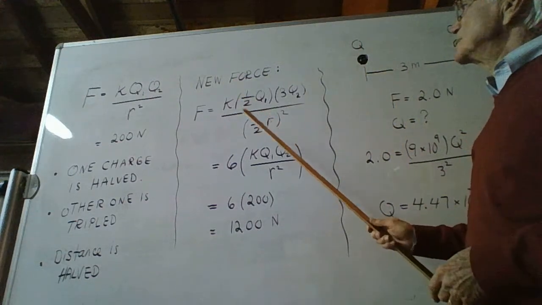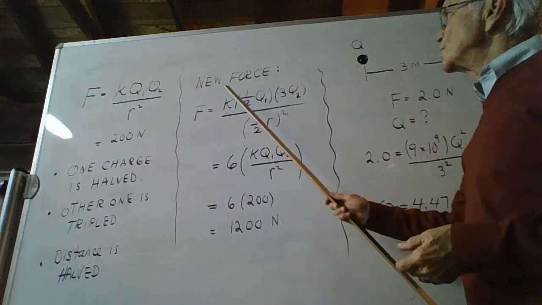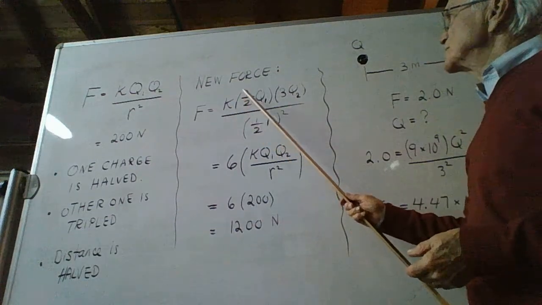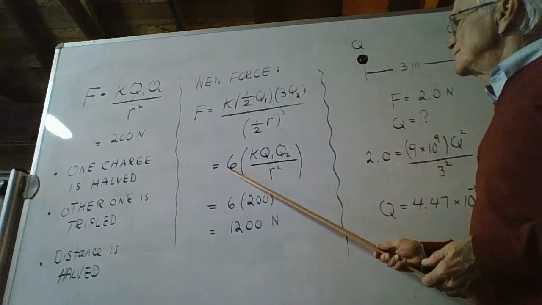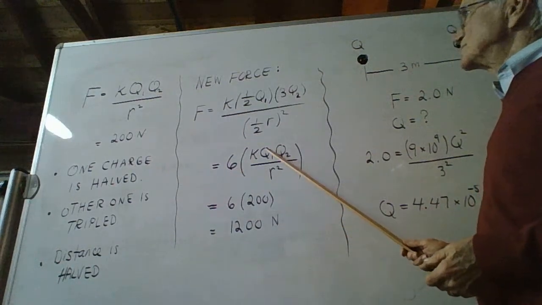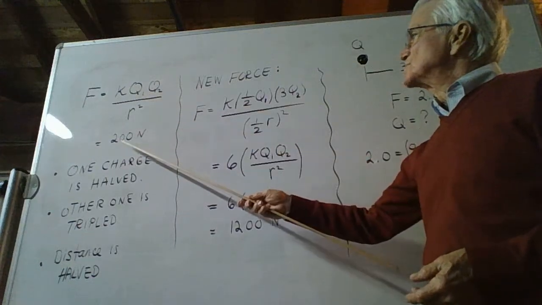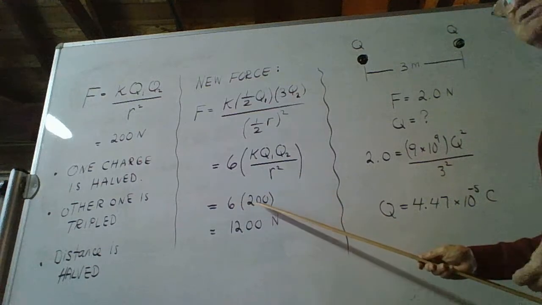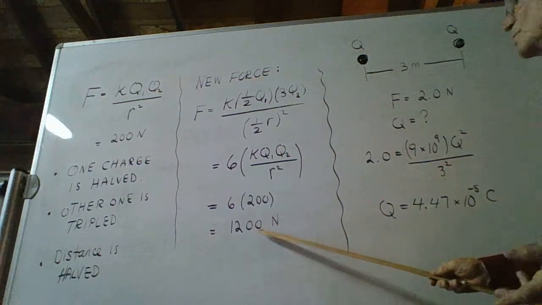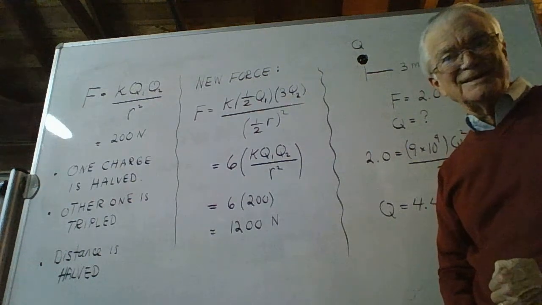And you can see 1/2 squared downstairs gives 1/4. 1/4 reciprocates to a 4 upstairs, cancels the 2 downstairs to give a 2, times a 3. The final product of the numbers is 6 times the parentheses, this expression here, which is 200. Final answer is 6 times 200. Final answer, 1200 newtons. Any questions?